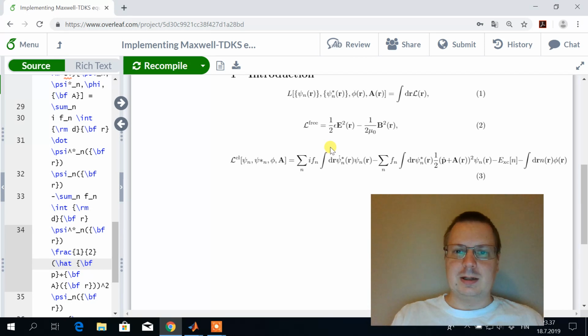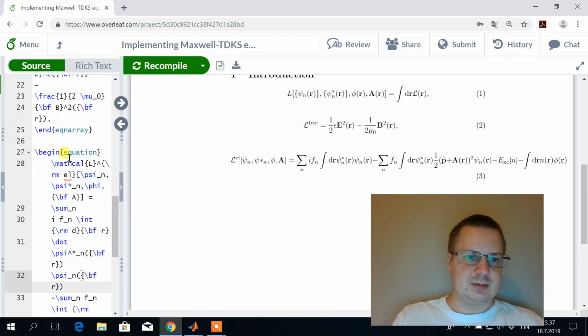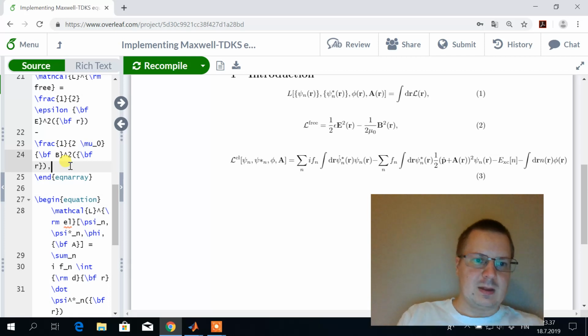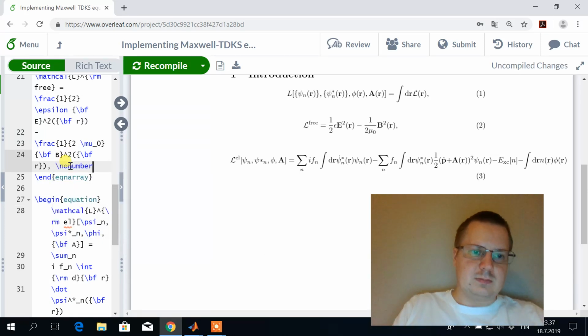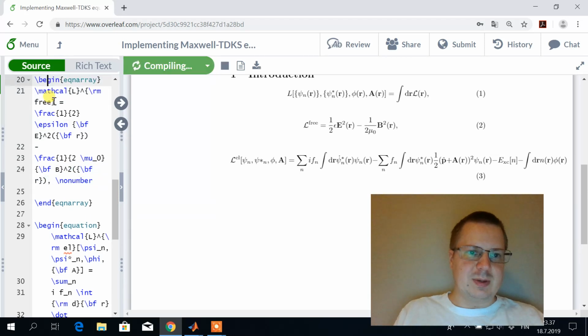Now we just modify the free Lagrangian a little bit. Essentially we just substitute the basic definitions.